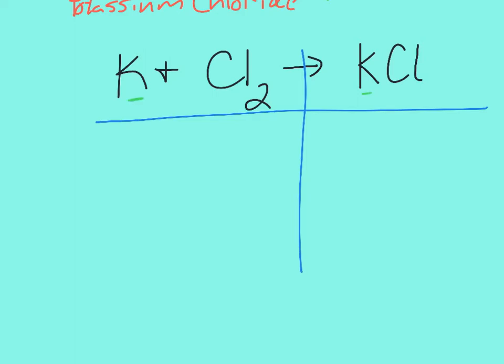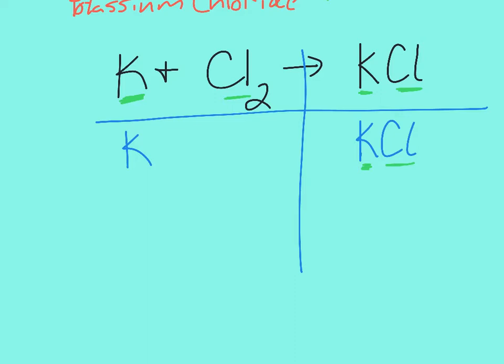I have 1 K, I have 1 K. I have 2 Cl's, I only have 1 Cl here. So I need more Cl, so I'm going to have to add another potassium chloride. Now I have 2 Cl's. But that messed up my potassium a little bit. I have 2 potassiums. I only had 1 over here in the reactants before, so I need more potassium here.